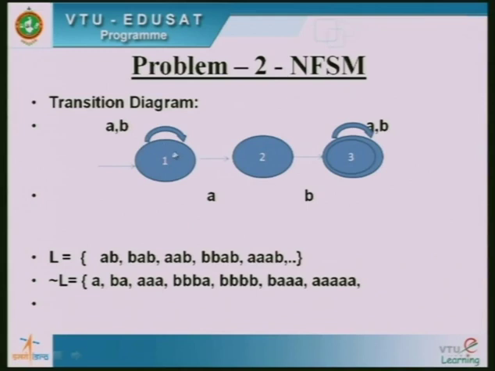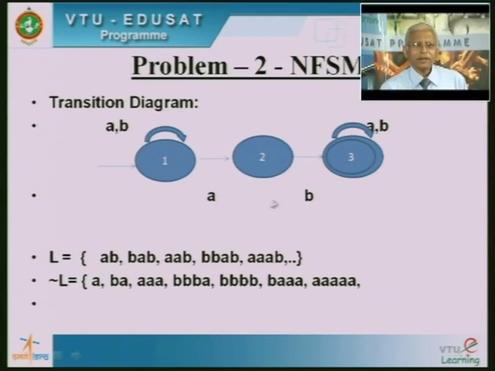Any combination will be accepted, followed by ab, then followed by again any combination. That loop need not be traversed. For example, simply ab by itself can also be accepted. So these are some of the representative strings.